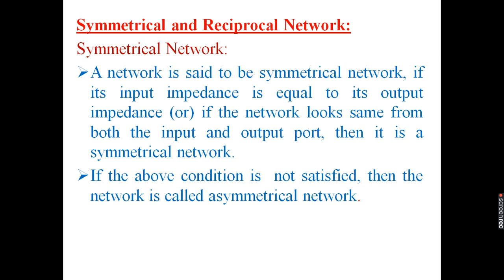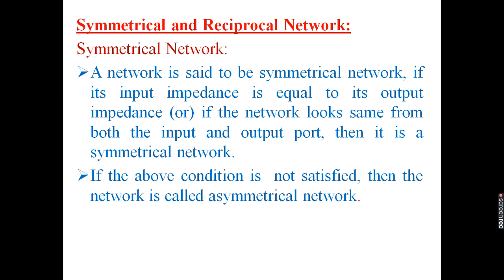So a network is said to be symmetrical if its input impedance is equal to its output impedance. Or we can put it another way: if the network looks the same from both the input and output port, then it is called a symmetrical network. If the above condition is not satisfied, then we say that it is an asymmetrical network.